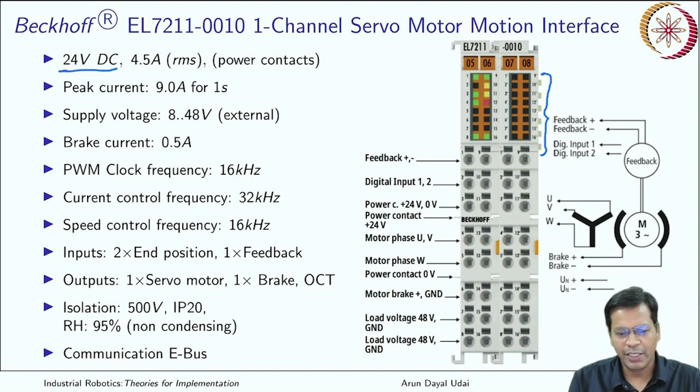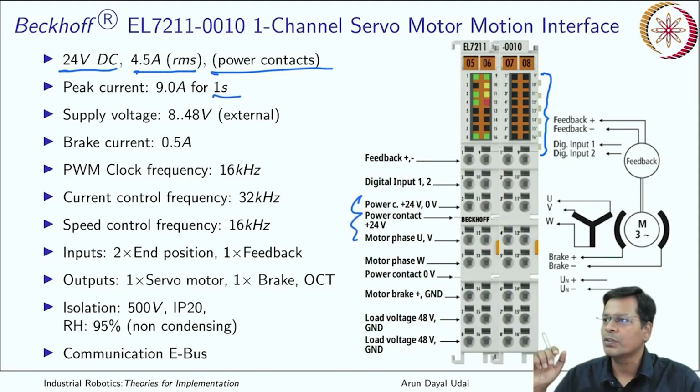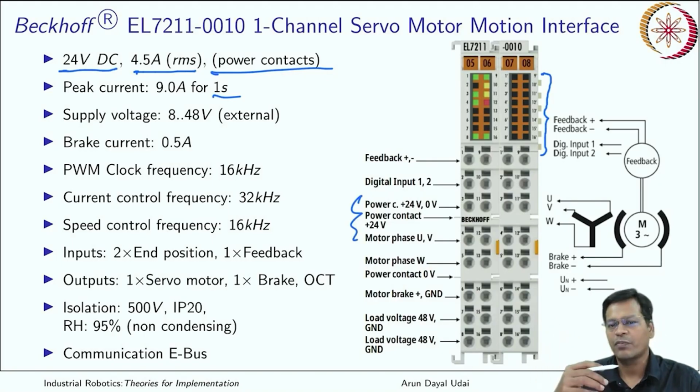The maximum current it can take is 4.5 ampere RMS going to the power contacts. Power contacts are here. The peak current, at least for 1 second, can be up to 9 ampere. You should be very careful: if your robot collides somewhere, it should not remain in that position without getting switched off automatically. You should not go beyond 1 second with this much current.